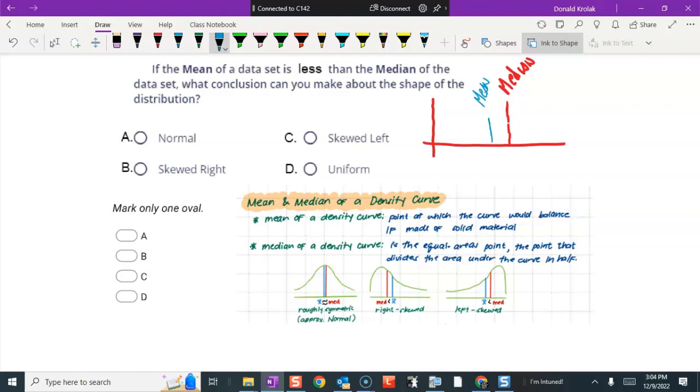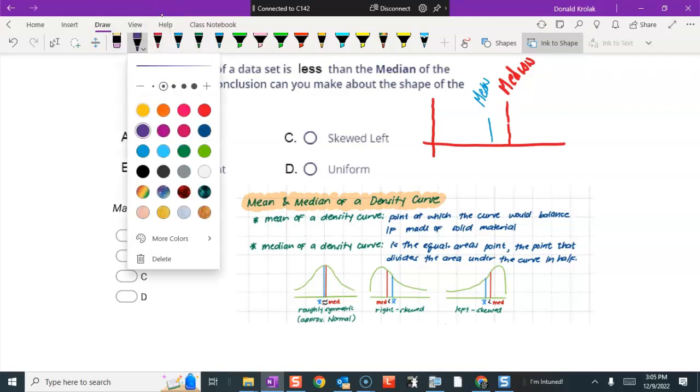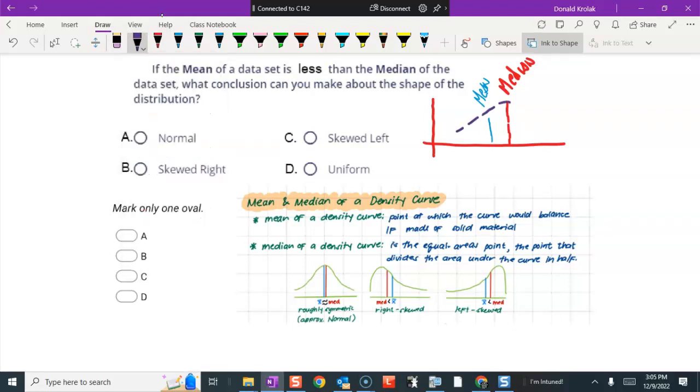Then that means the tail of my data is going to go to the left. So we're going to have data that is skewed left. That would be this example right here.